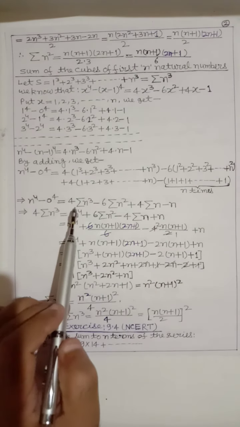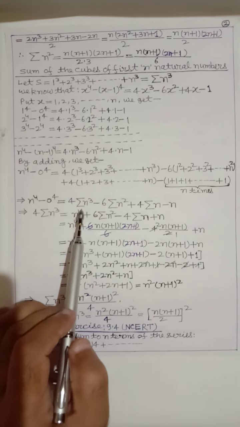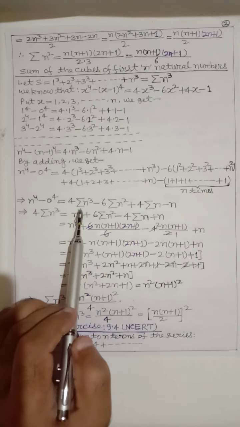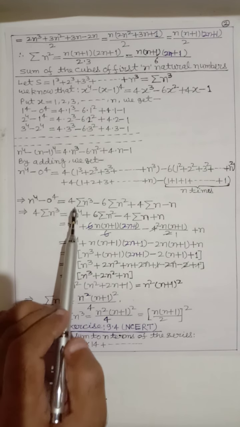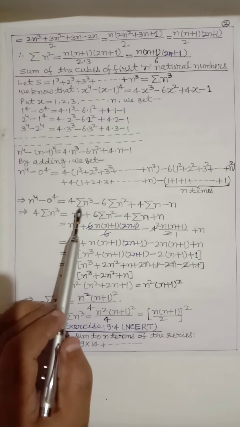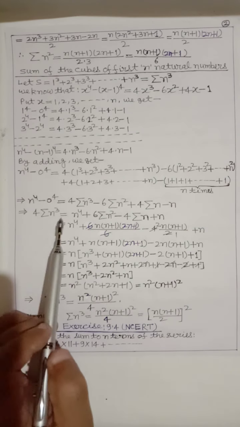So dear students, we have to find the sum of cubes of first n natural numbers, means we have to find summation n cube. So here we keep one side 4 summation n cube and the remaining terms we transfer to the other side.